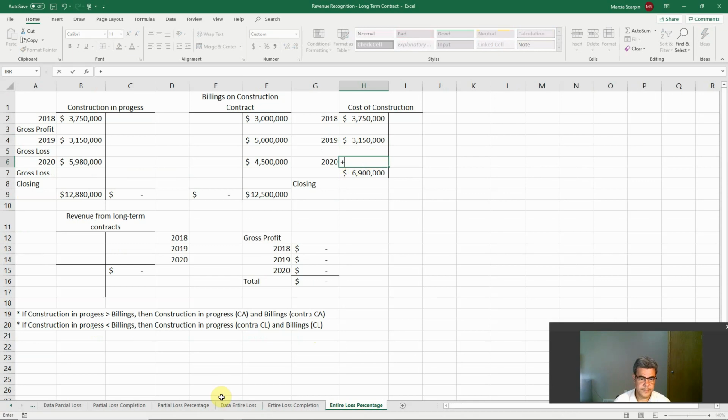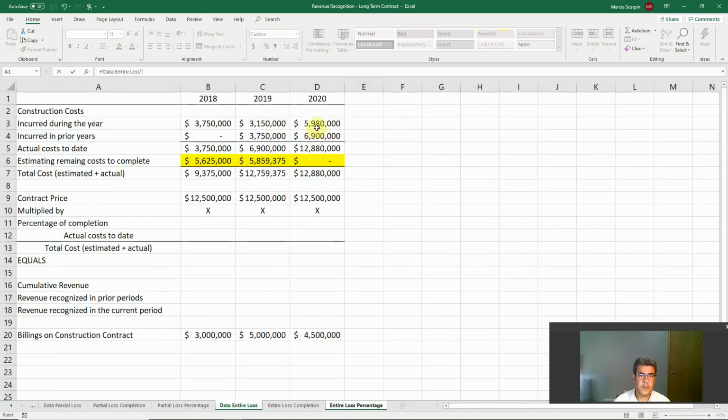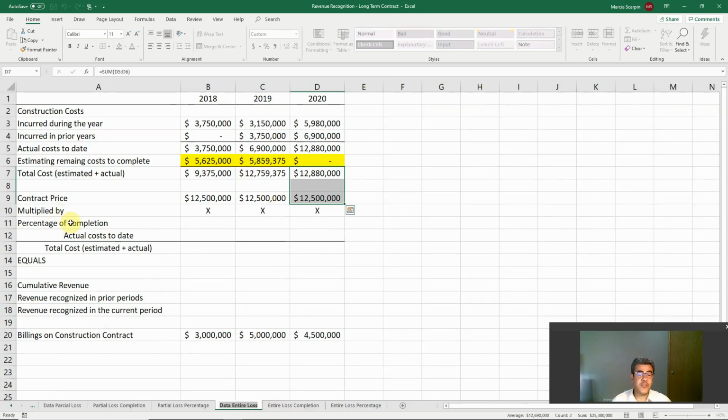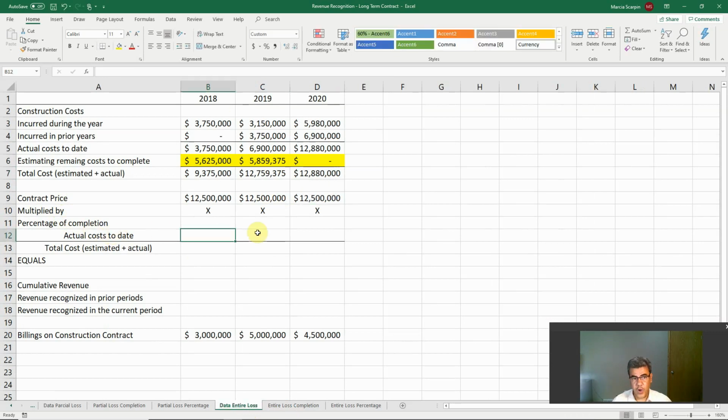And the last one here. What do we need here? We need the revenue. And how do we find the revenue? We need to find the percentage of completion. So actual costs, total actual cost, 3.3 and a quarter, but 3/4, sorry. Total costs, 9.3.